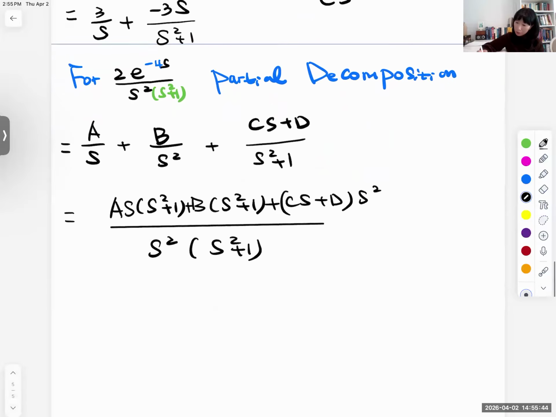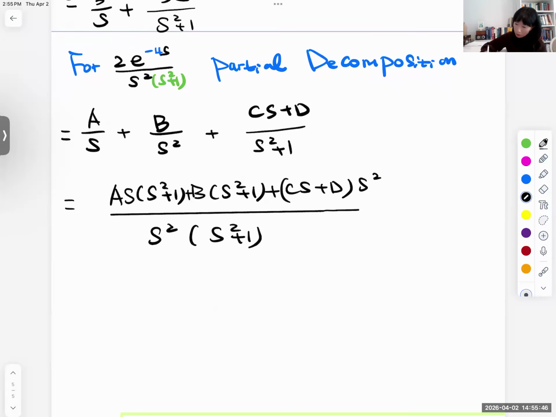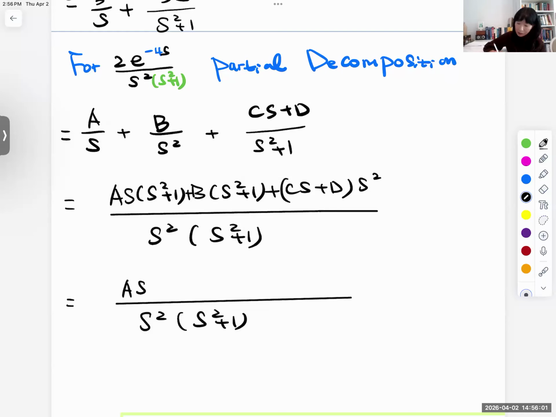Now we have s squared plus 1. Distribute, we have as to the third power plus as plus bs squared plus b plus cs to the third power plus ds squared, right?